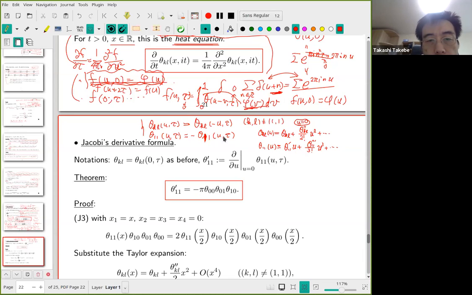Because it is an odd function. An odd function has only odd powers in u. And this equation gives relations between the first terms of these expansions.